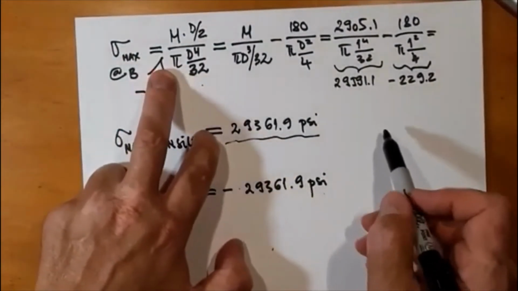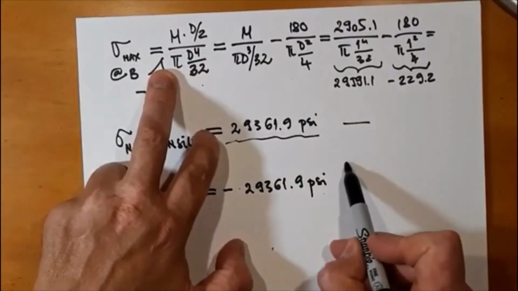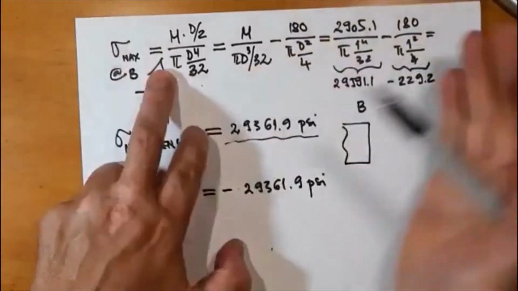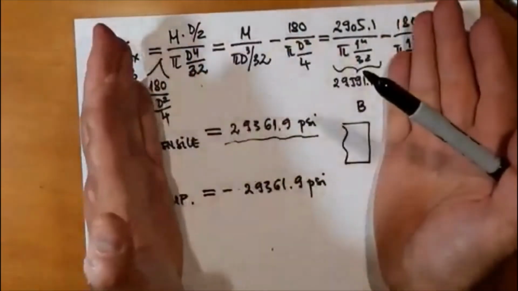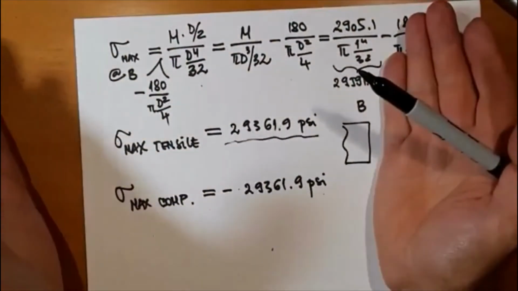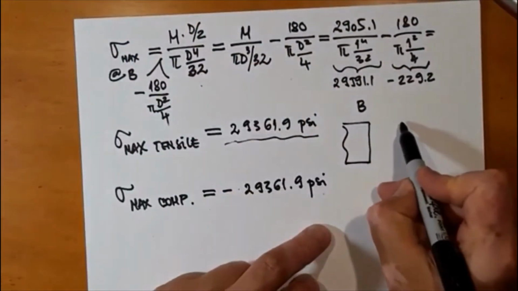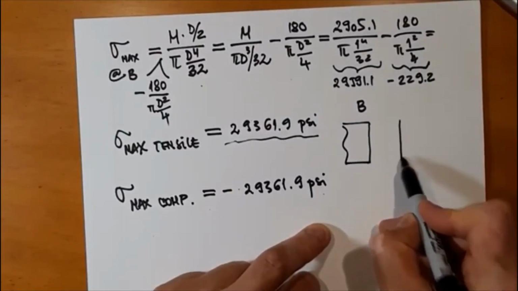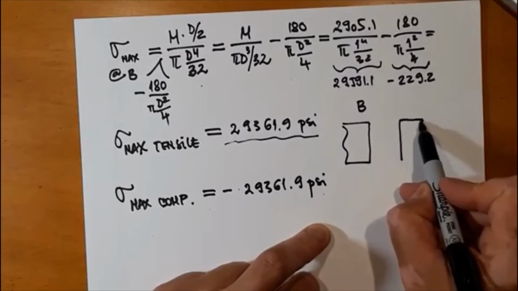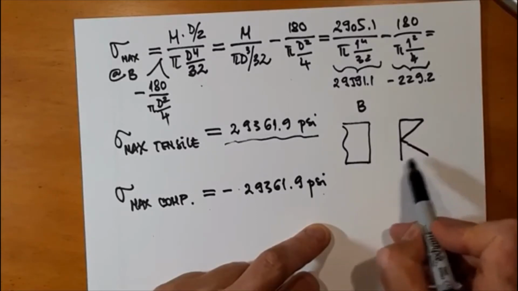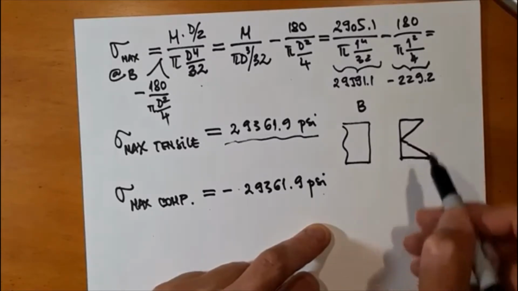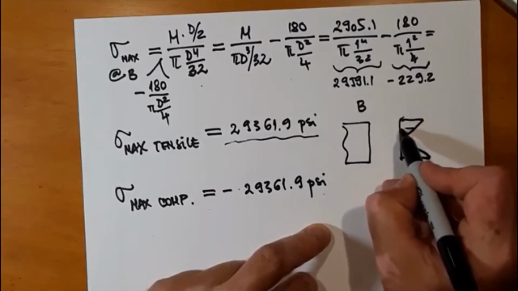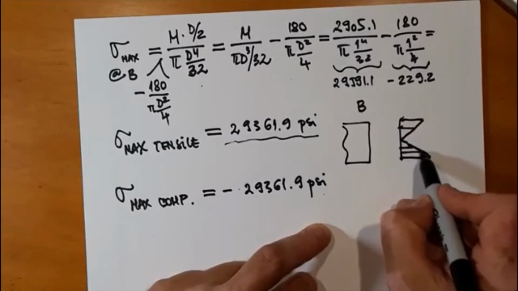Let me represent the shaft at B. I made a cut, and I'm inspecting what's left of the shaft from A to B, and we have the compressive stress above and tensile below.